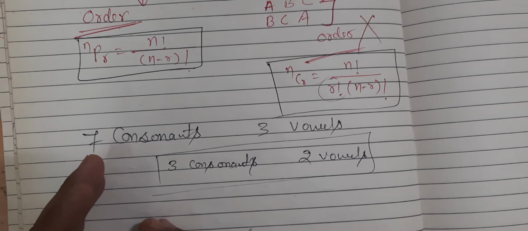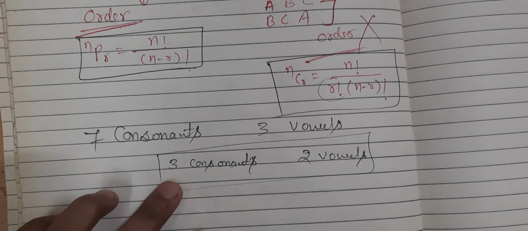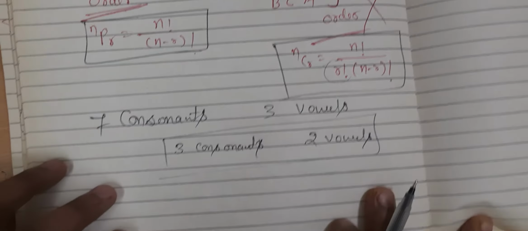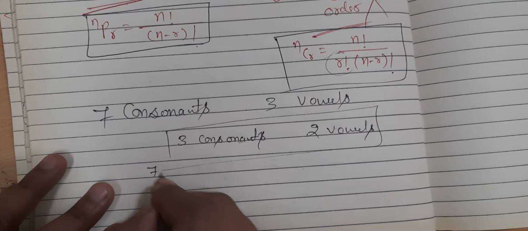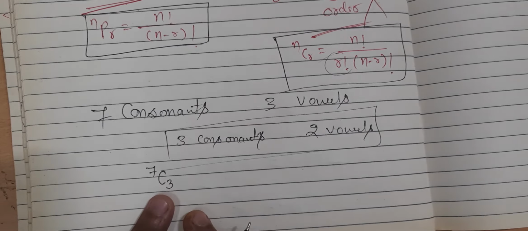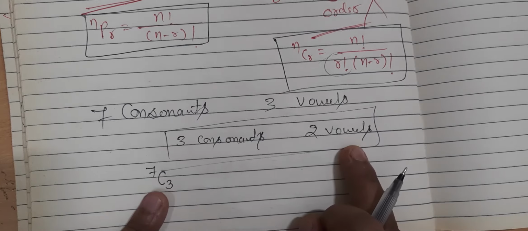We are given 7 consonants, but out of 7 we are going to select only 3. Selection means combination. So out of 7 we are taking 3, okay? Is the solution complete? No. We have to form a word which contains 3 consonants and 2 vowels.